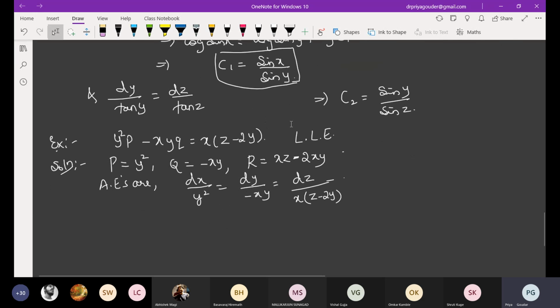Tell me, can I take the first two and get a relation? Here you don't have a z only, need not worry, and multiplication won't trouble you. Am I right? Shall I take the first two? Tell me what simplification can be applied.